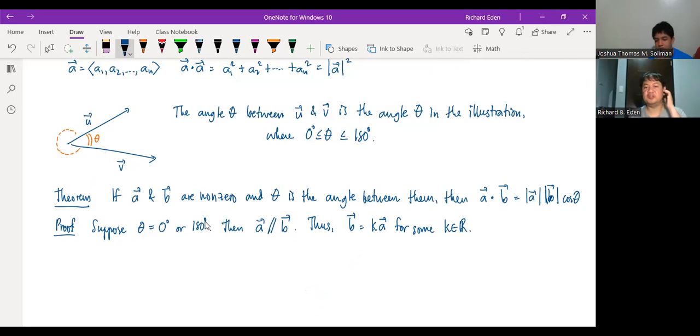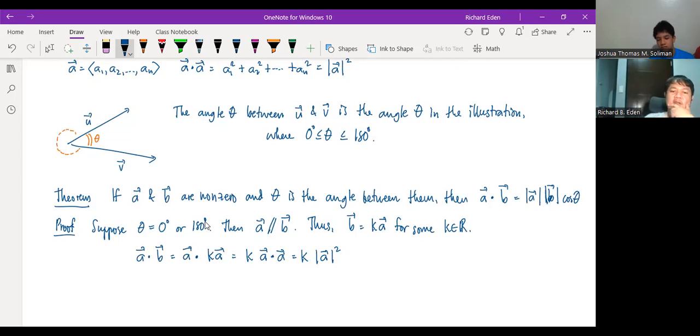Okay, then let's have a look at the left side. In this case, A dot B will be A dot kA. But k is a scalar, so this is k times A dot A. And then A dot A is the square of the length of vector A. Then let's not forget k.